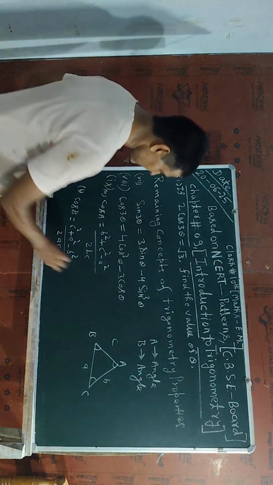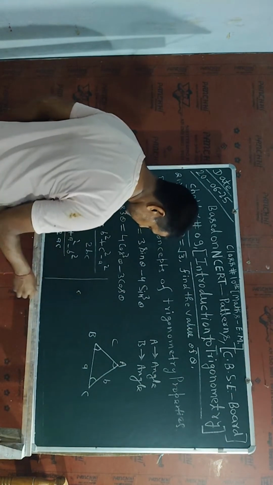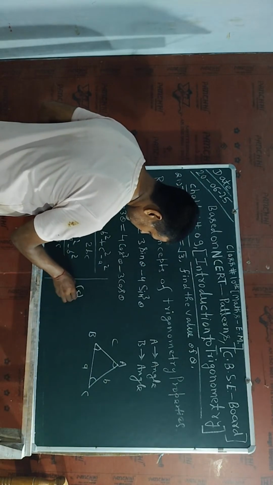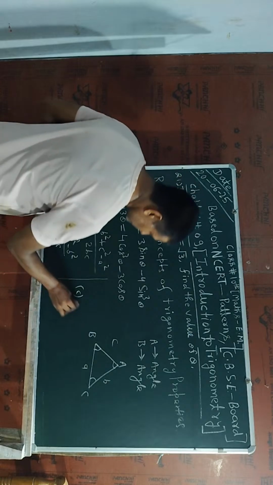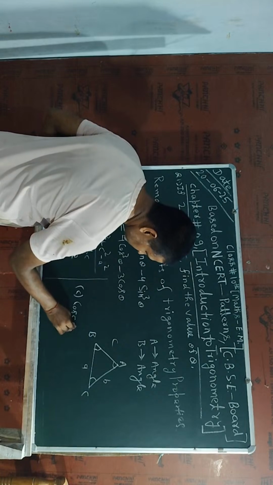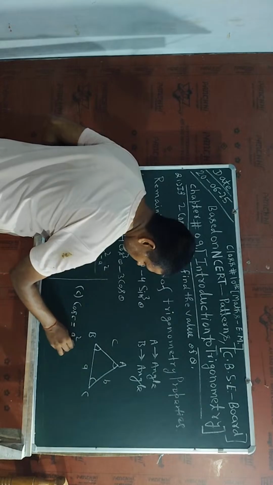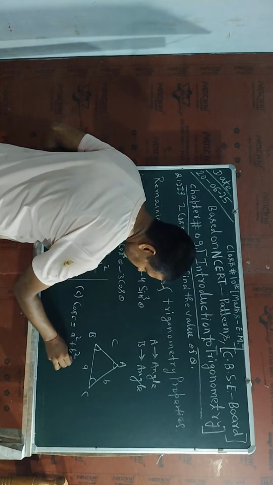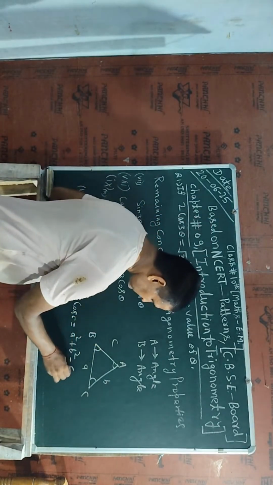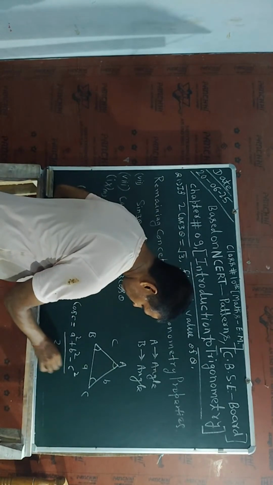Okay. Similarly, I write condition number C. Condition number C will be like this: cos C is equal to a square plus b square minus c square divided by 2ab.